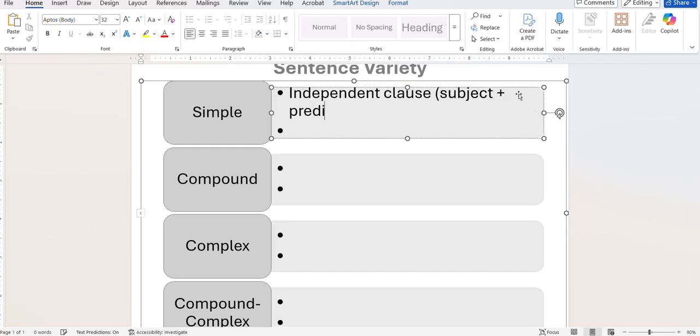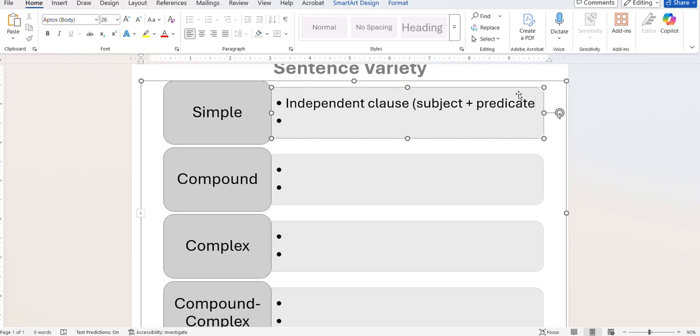Don't write that large because it's going to shrink it as I type. So a subject and a predicate, but it could be a compound subject, could be a compound predicate, could be a compound subject and a compound predicate. As long as it is just one set of subjects and predicates, it's an independent clause, stands on its own.